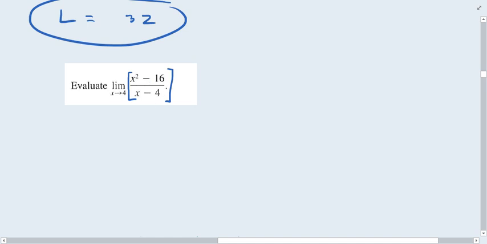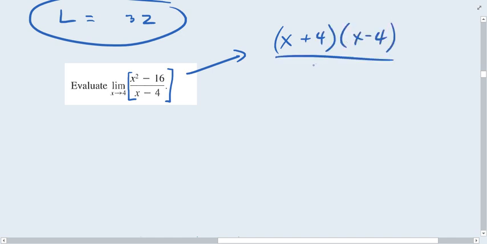So it would be interesting to know what this graph looks like. You can just graph it, but you also need to know what this graph would look like before you graph it. If we factor the top, it's a difference of squares, so it turns into this, and we can divide out the common factor.